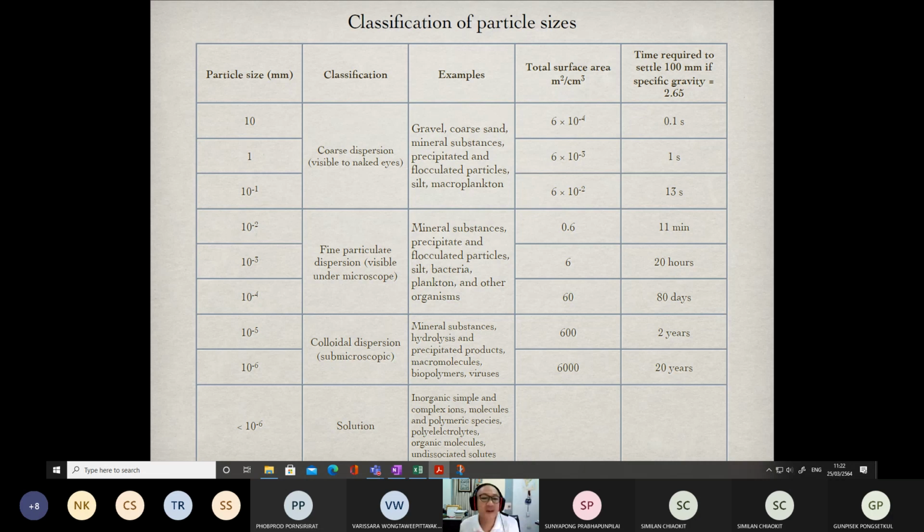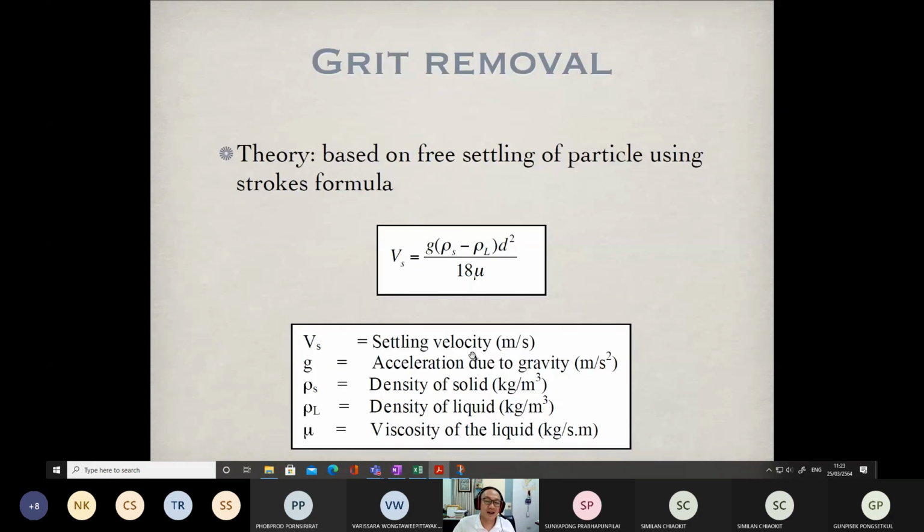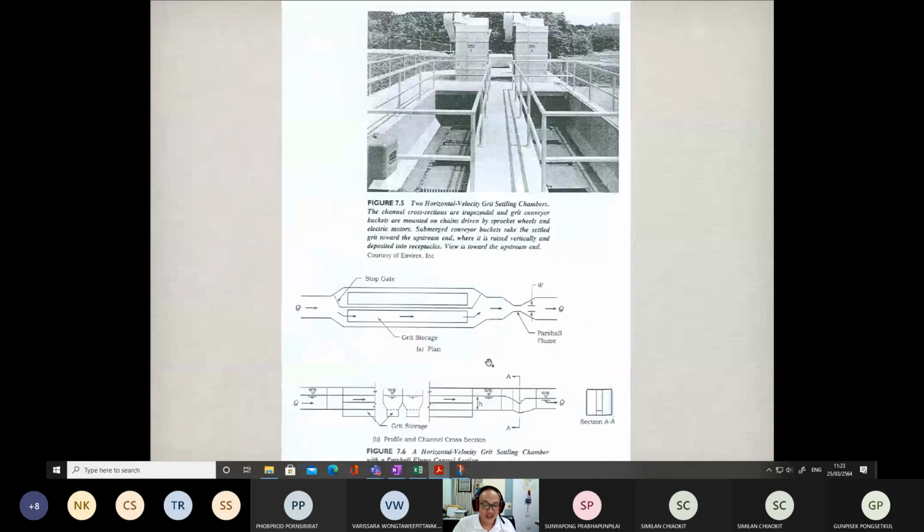So now you can figure out how small these particles are in our water sample. That is why we have to come back again to the grit chamber.